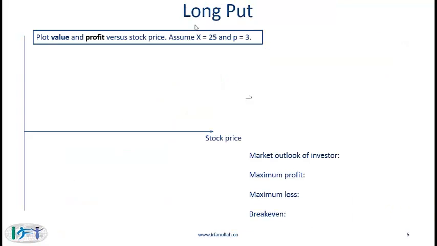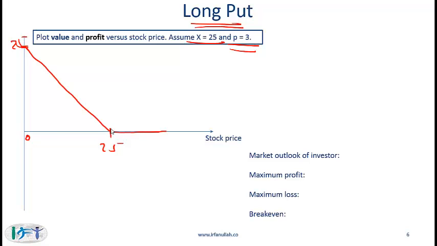Next we come to a long put position. Again, we will assume that the strike price is 25, and let's say that we buy a put for $3. The payoff diagram will look like this, where the maximum payoff happens if the stock price goes down to 0, and we've talked about this in an earlier reading.